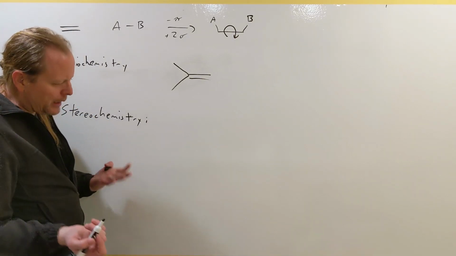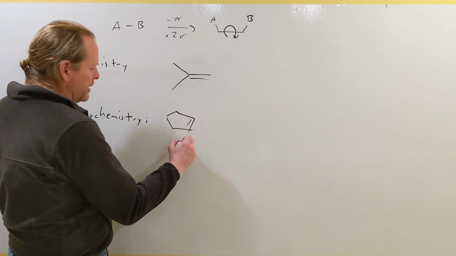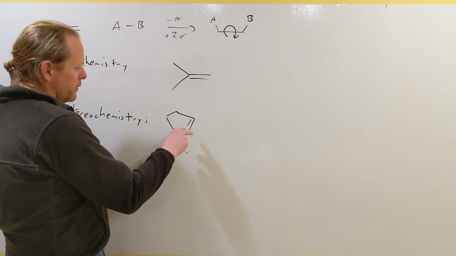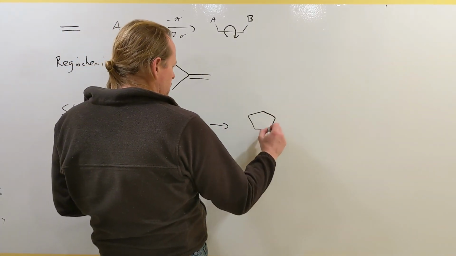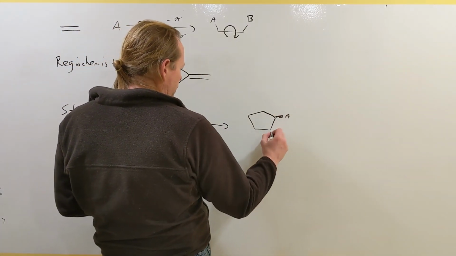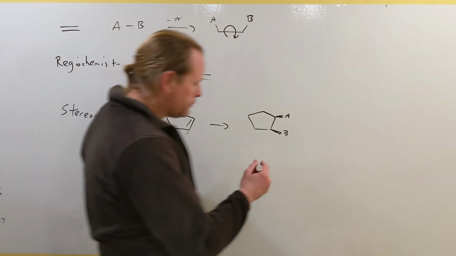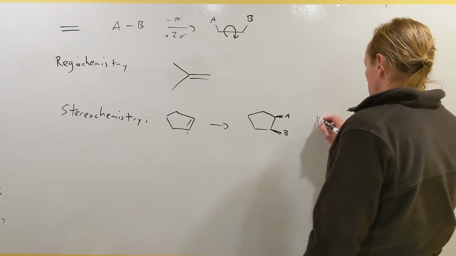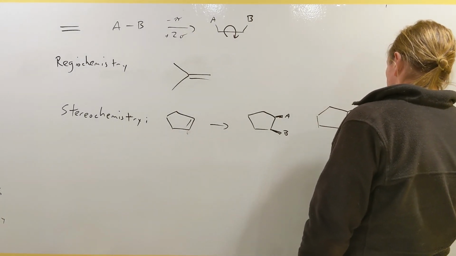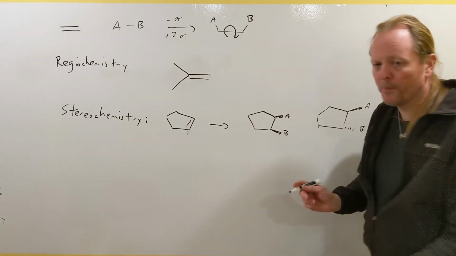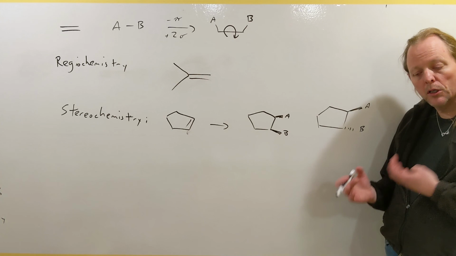Most of the time it's going to be something like cyclopentene or cyclohexene, where once we're done, we're going to have either both of them on the same side, or two of them on opposite sides, depending on how the reaction mechanism actually worked.